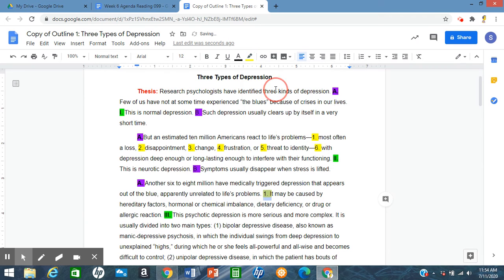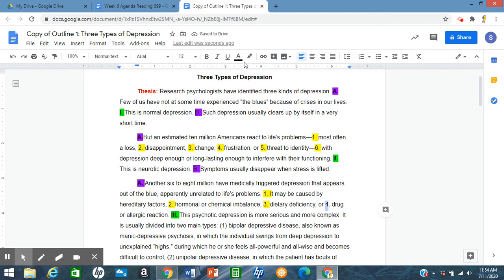We'll highlight that. May be caused by hereditary, hormonal, chemical imbalance, 3, dietary, drug or allergic reaction here.